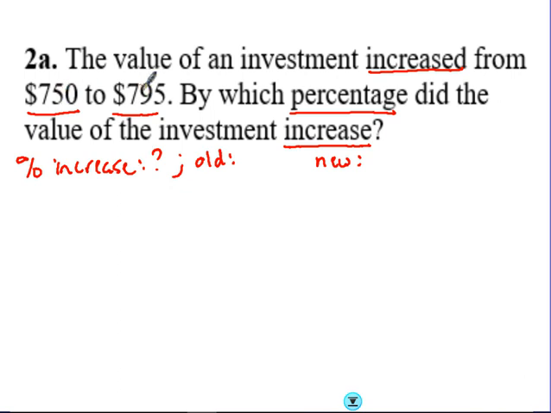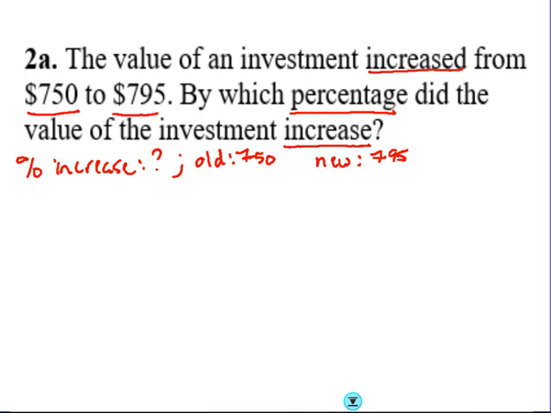So 750 is smaller than 795, so 750 has to be the old value, and the new value has to be 795. That is an important part of setting these problems up, because if you don't properly identify the old and the new, then oftentimes you'll get these problems done correctly from a mathematical perspective, but because you plugged in the wrong numbers, you still get it wrong.